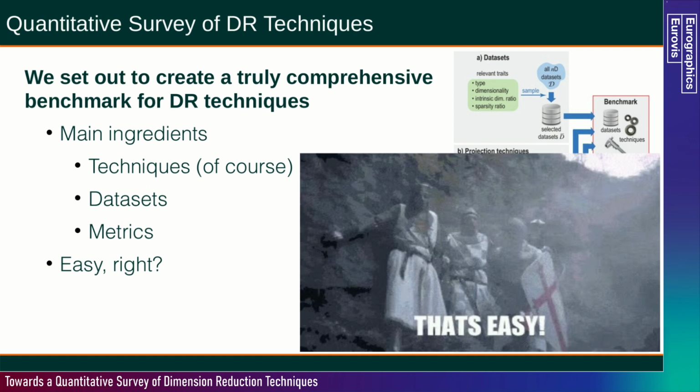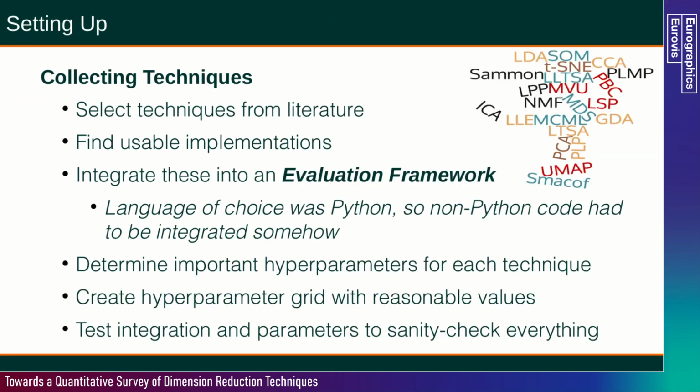Well, that's easy to do, right? Well, not quite. So, collecting techniques. We needed to search the literature to find techniques. Then we needed to find usable implementations for those techniques, to integrate them into our evaluation framework, to determine important hyperparameters for each technique, to create a parameter grid, then to test everything to make sure it works.